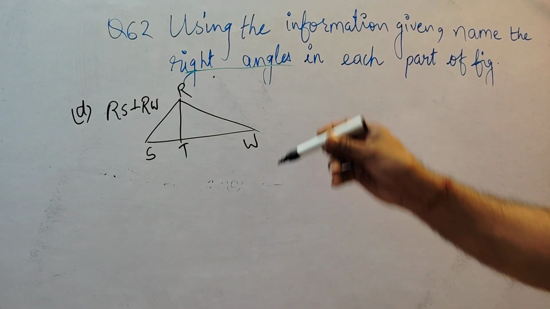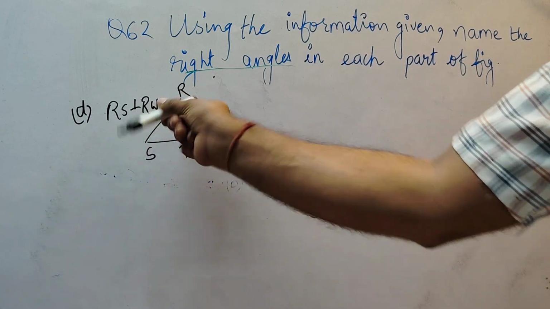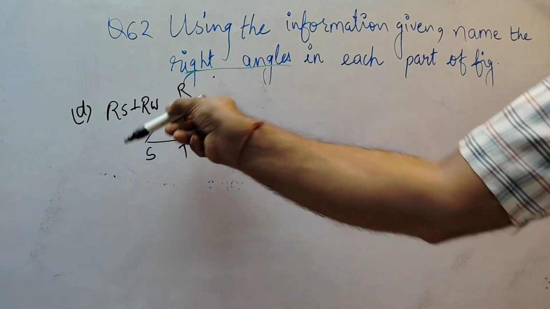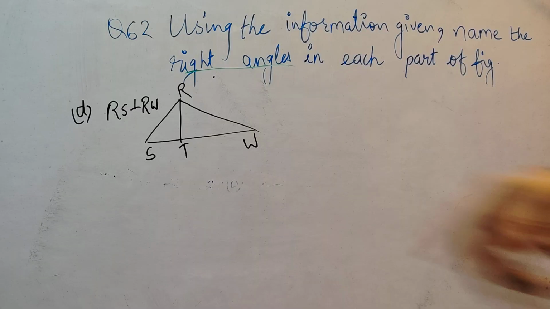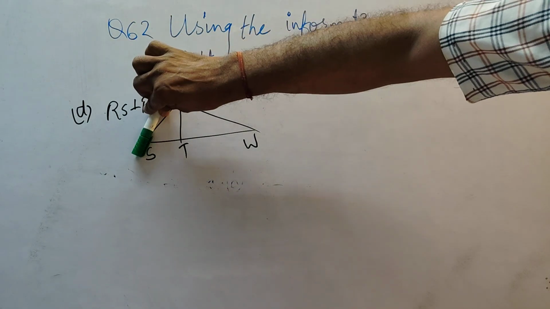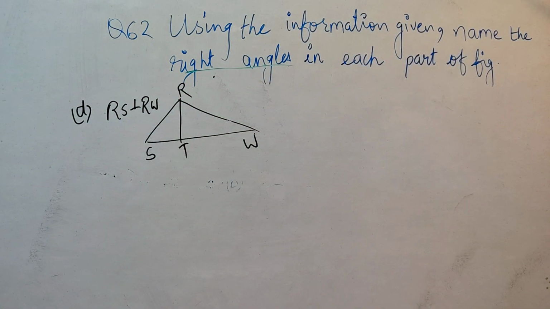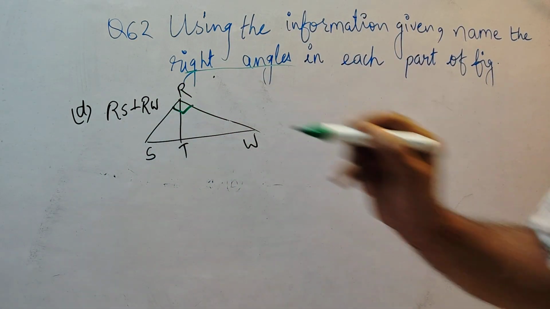RS is here, RW is here. Perpendicular means 90 degrees, this sign means 90 degrees. So this angle is a right angle. Is it clear?